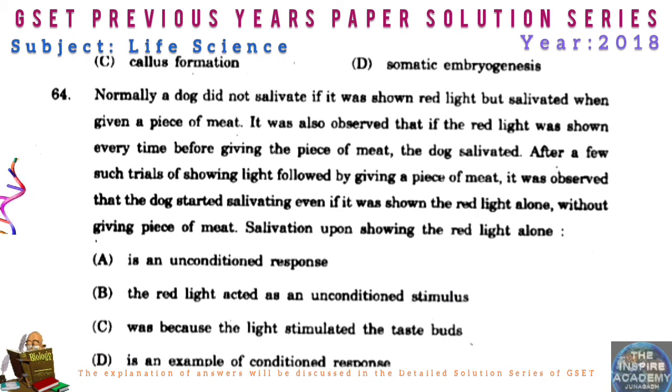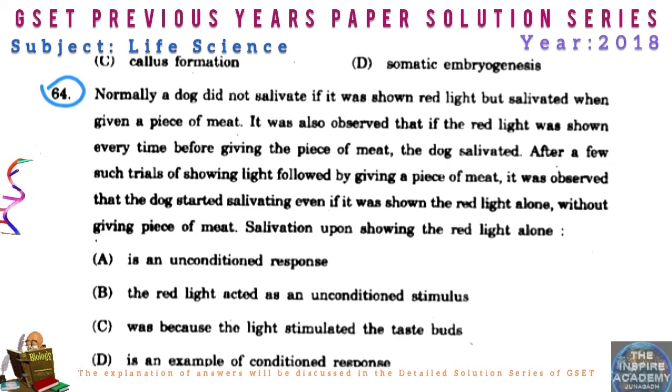Question number 64. Normally, a dog did not salivate if it was shown red light, but salivated when given a piece of meat. It was also observed that if the red light was shown every time before giving the piece of meat, the dog salivated.